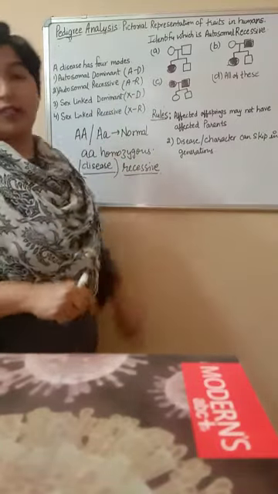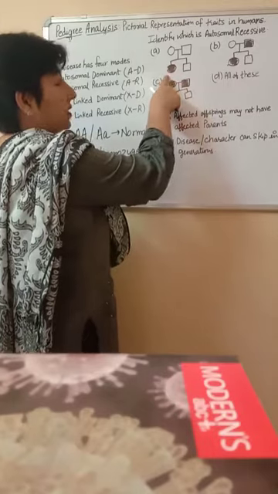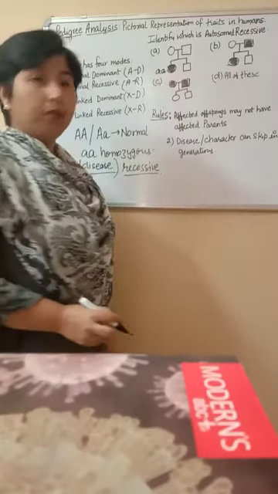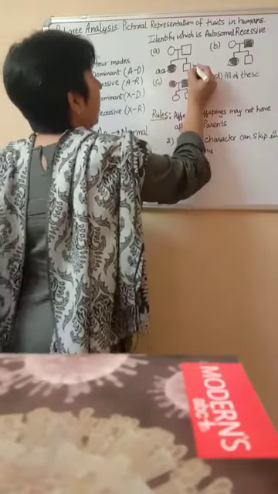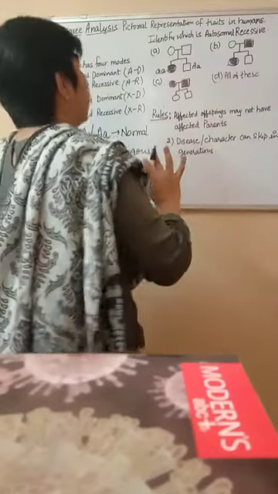Now we'll look at these. Which one is correct out of these three diagrams that are given to us? These are similar to the ones we did in the last video. Now here the person is diseased, the girl is diseased. That means the disease should have this condition, and a normal can be, let's take heterozygous.